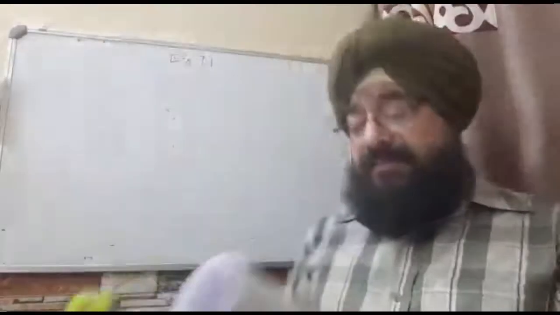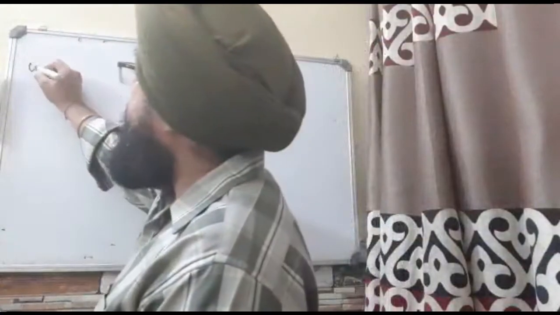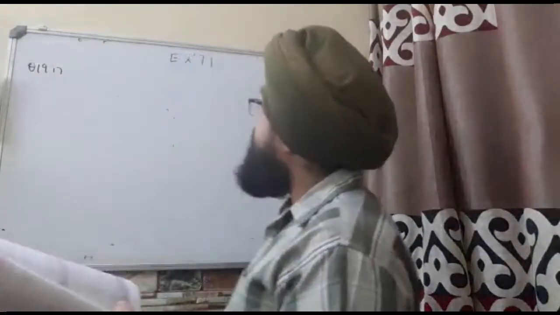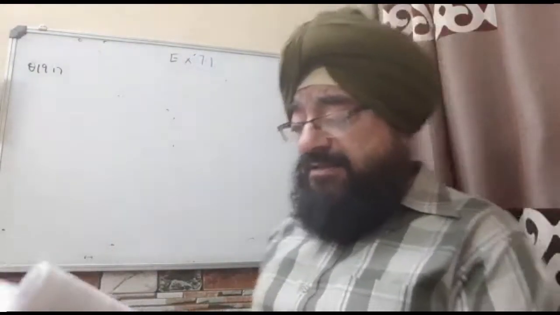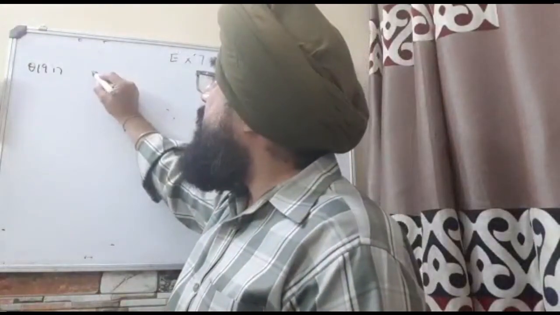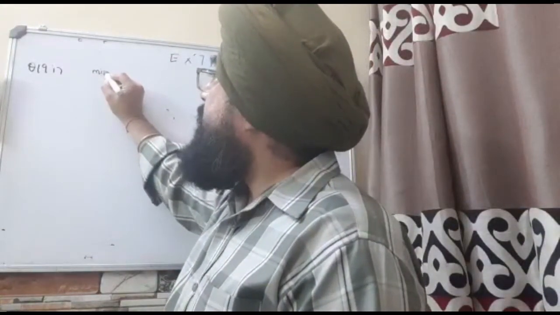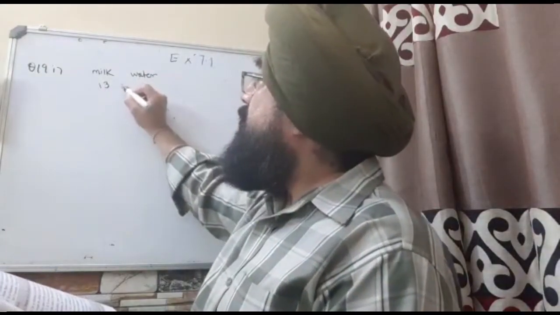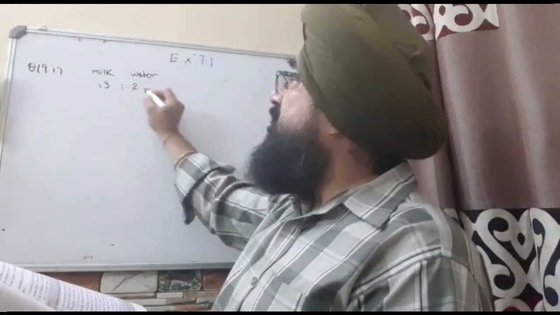Got it? So, question 19, first part. From exercise 7.1, M.L. Aggarwal says, in a mixture of 45 liters, the ratio of milk to water is 13:2. That is, there is a mixture of milk and water in which milk is 13 parts and water is 2 parts, so the ratio is 13:2.